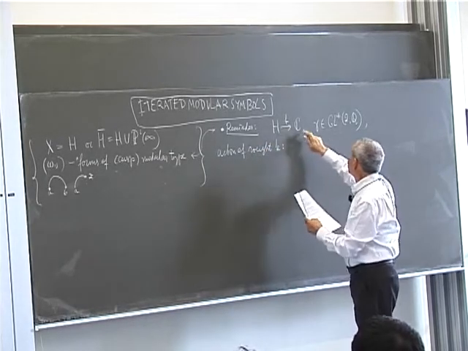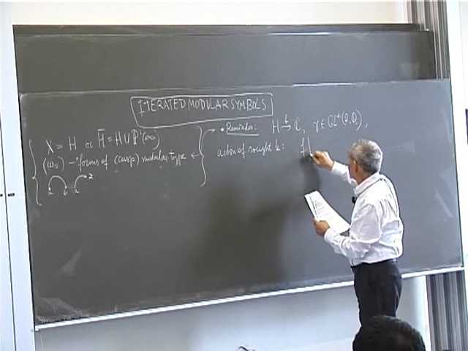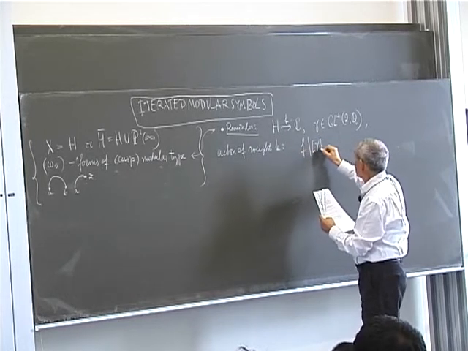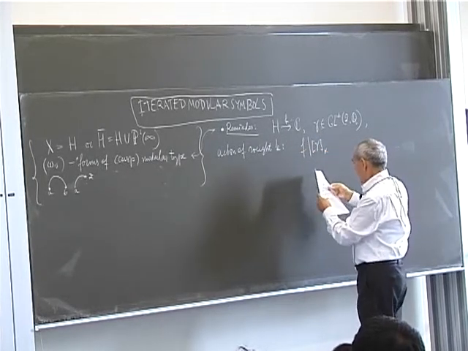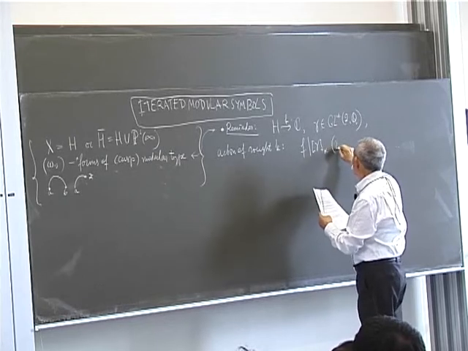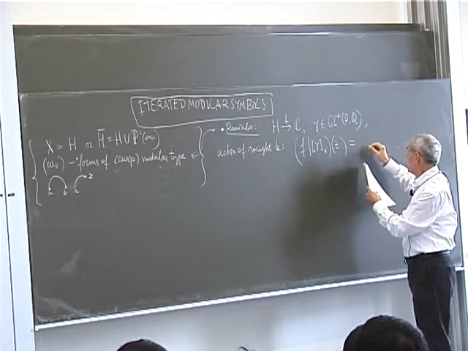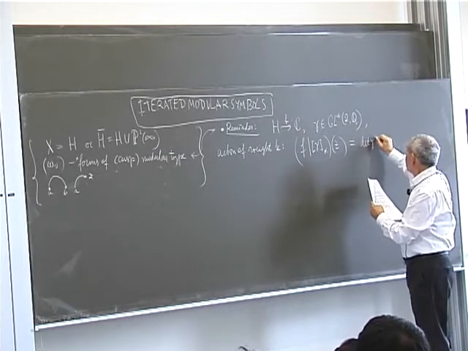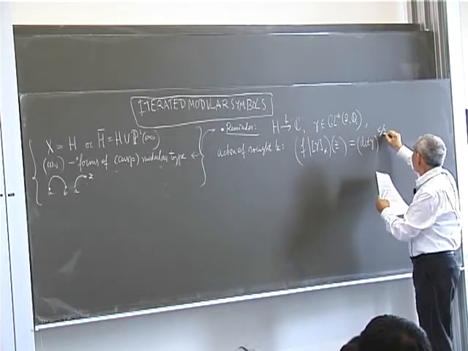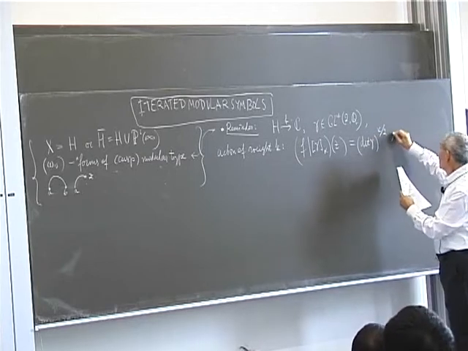It produces from f and from gamma a function that is denoted in this way. And I will use the normalization where the value of this function at z will be the determinant of gamma to the power k divided by 2.